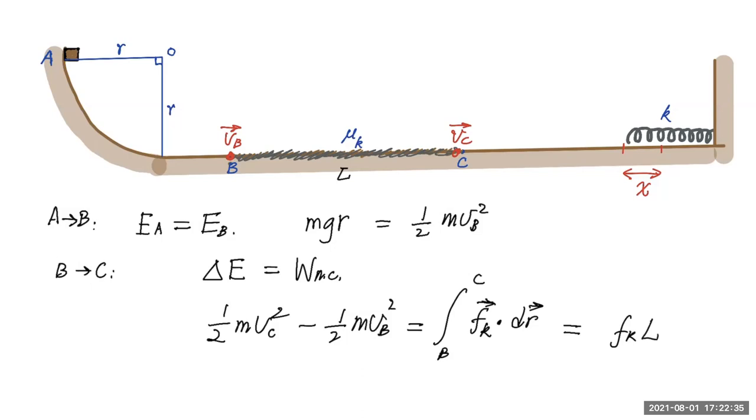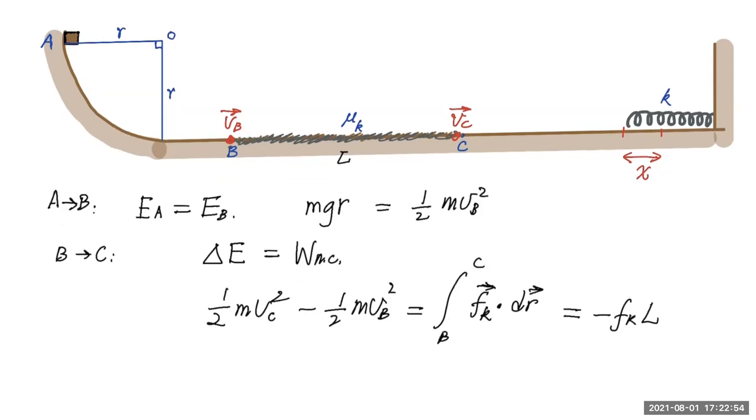So Fk and dr, the angle between them is 180 degrees. So you have a negative sign. Cosine 180 equals -1. Clearly, that's because the work done by friction is negative. It slows down the block. Okay, so VC is going to be less than VB.